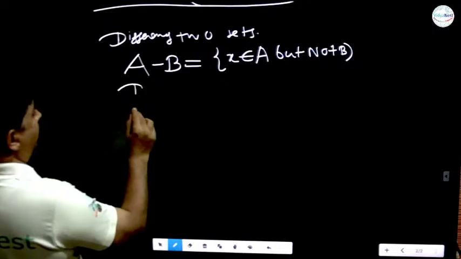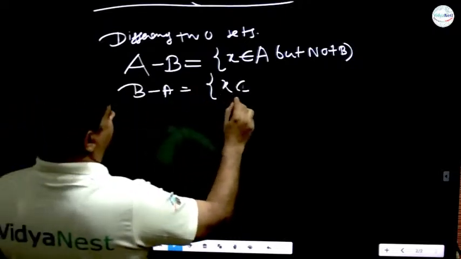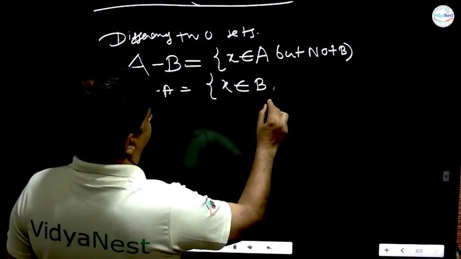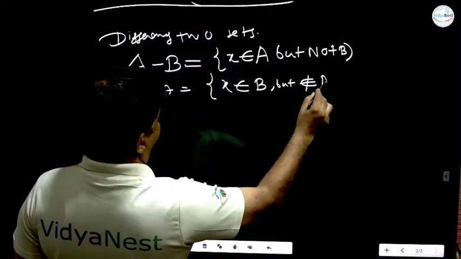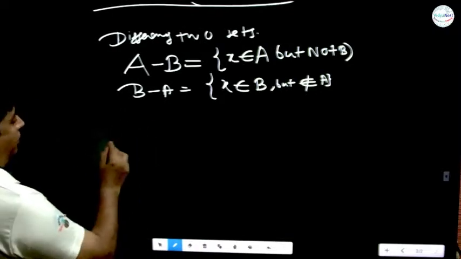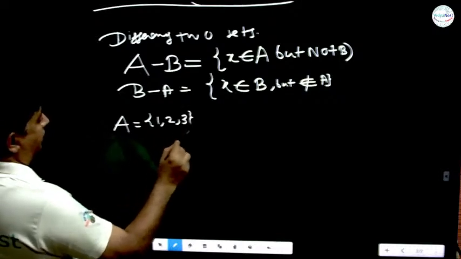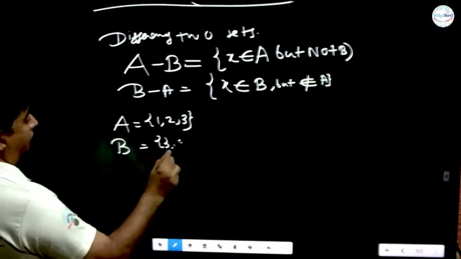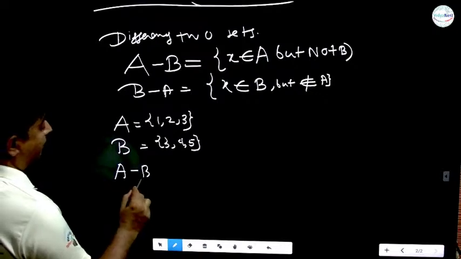What about B minus A? x is an element that belongs to B, but does not belong to A. So this is the difference of two sets. Suppose A is the set 1, 2, 3, B is the set 3, 4, 5. So what is A minus B?